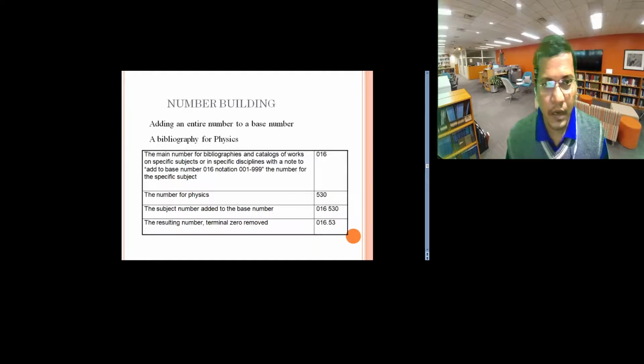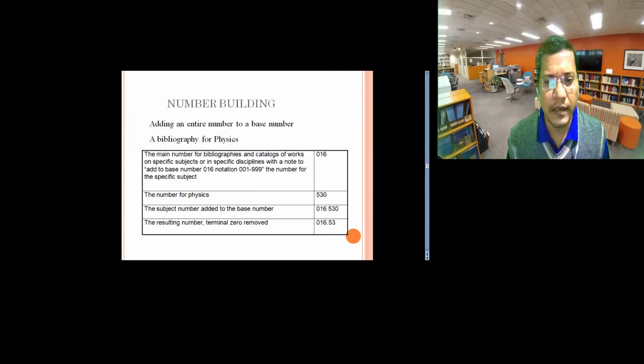Now the number building technique. First, adding an entire number to a base number. For example, a bibliography for physics. The main number for bibliographies and catalogs of works on a specific subject or in a specific discipline has a note to add to base number 016 notation 001 through 999.